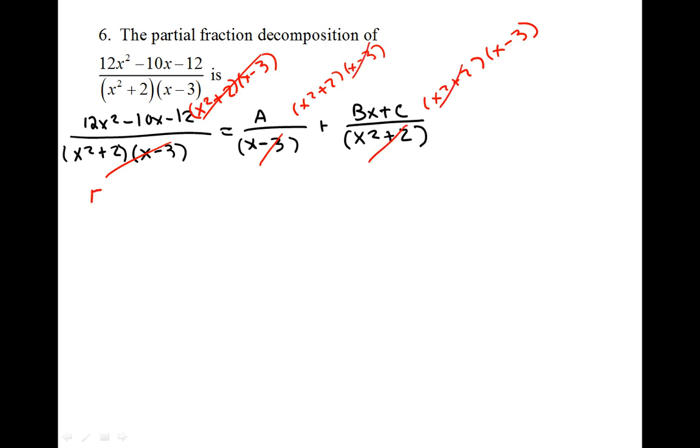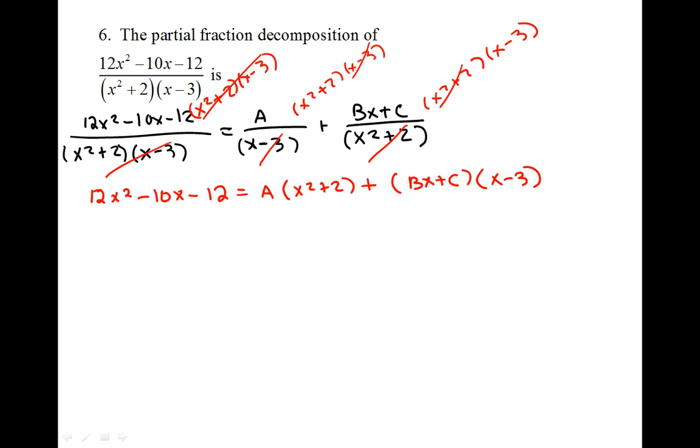So I have 12x squared minus 10x minus 12 will equal A multiplied by x squared plus 2, plus Bx plus C, which I'll need to multiply by x minus 3. So we'll have to FOIL that.